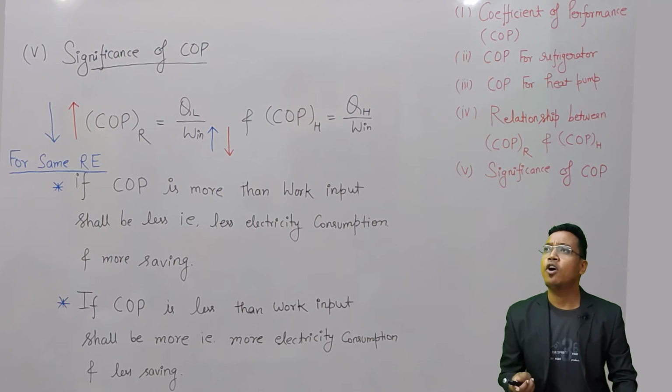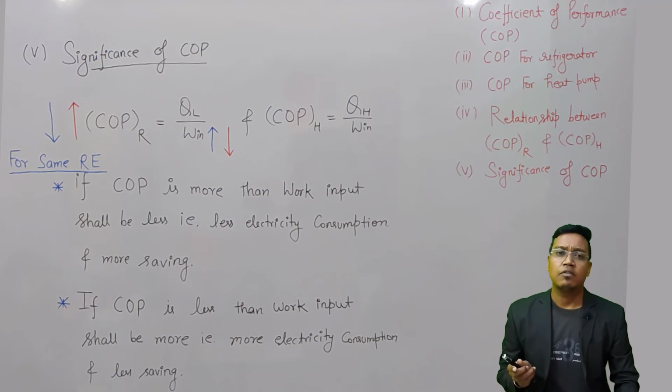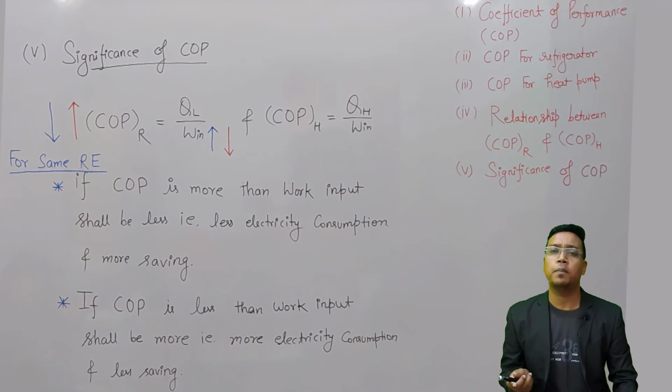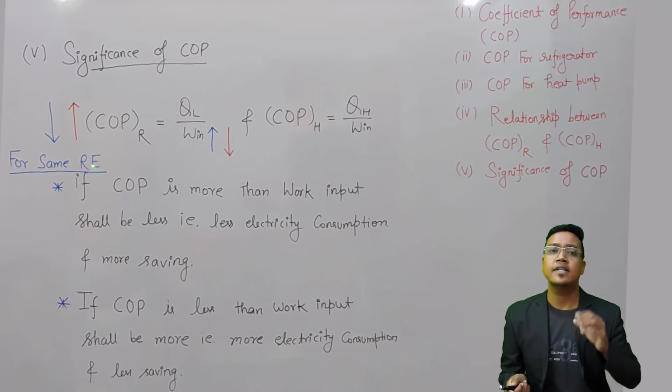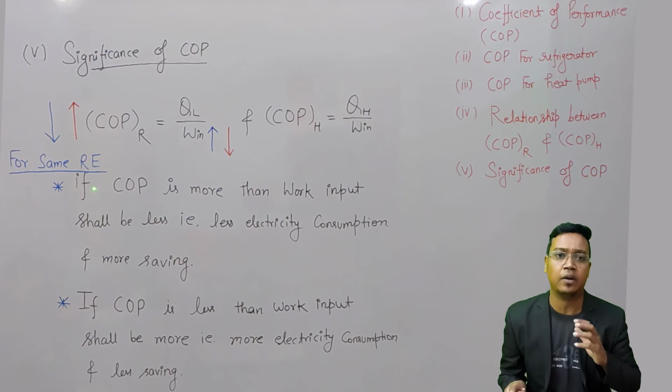For finding out the significance of COP, suppose we take the same RE. RE means refrigeration effect or desired effect. In this case, I have taken the same refrigeration effect.